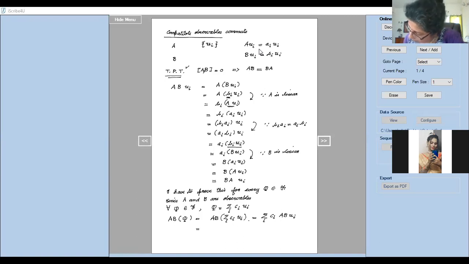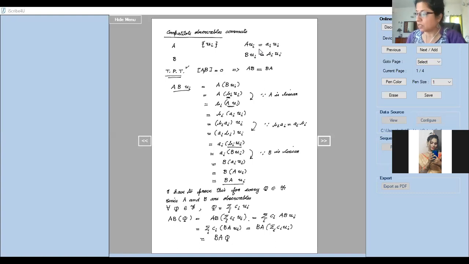which is going to be summation over i of Ci. But I know from here that AB operating on ui is the same as BA operating on ui. So I will write it as BA operating on ui, which is then equal to BA operating on the summation over i of Ci ui, but this is nothing but BA operating on psi.